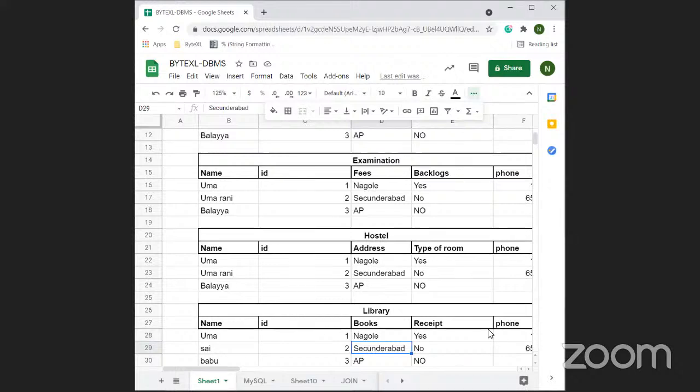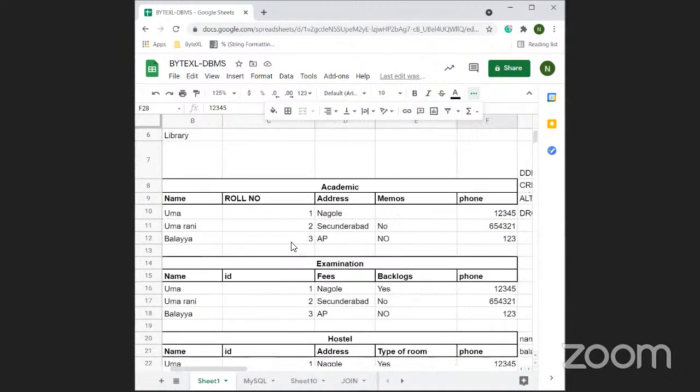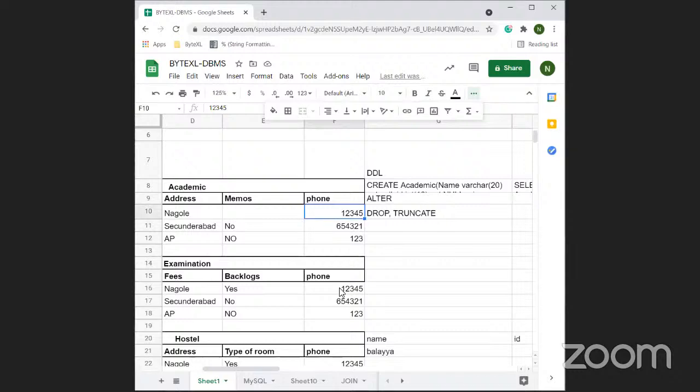Generally, in the first two semesters, people will be more enthusiastic, so people are taking books from the library. I would have given my phone number in the library. But in the third year or final year, I am changing my phone number. Definitely in the academic section and examination section, I am changing the phone number.